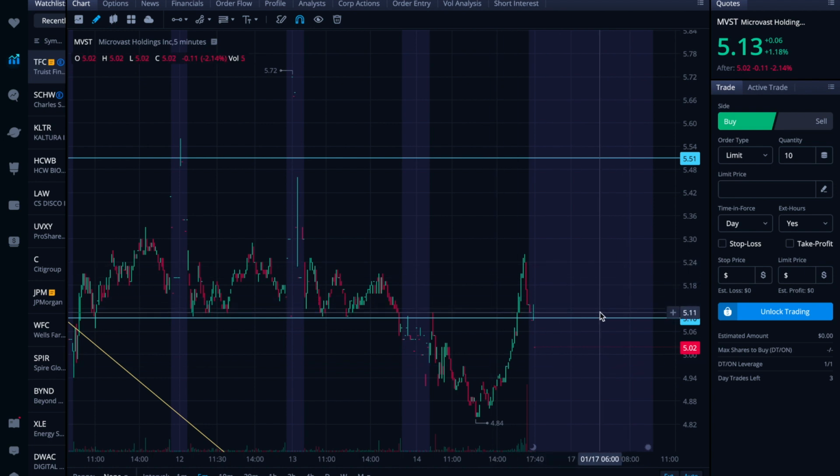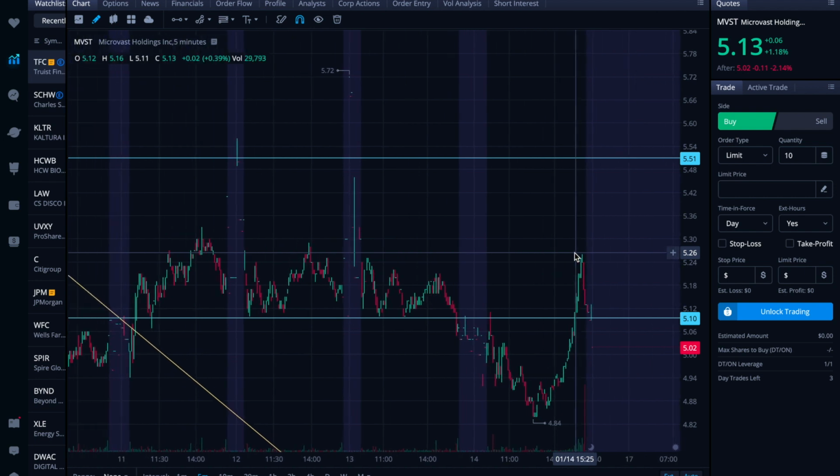Meaning if it's 510 support, maybe then it's opening the door for an attempt at 550. If it's flipping 510 back to resistance, then if you have a bearish stance on it, bearish play, then you might still be in play. Or if you have a long play or a bullish play, then you might want to wait until it can at least prove out this 510 to 551 range and start basing over that level.